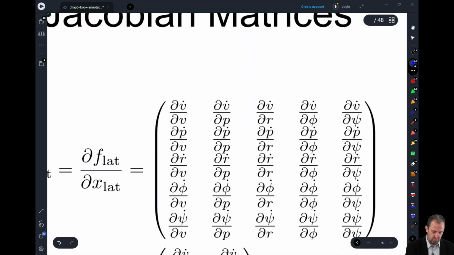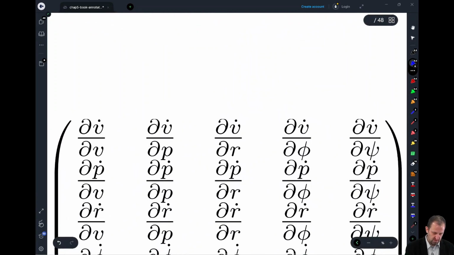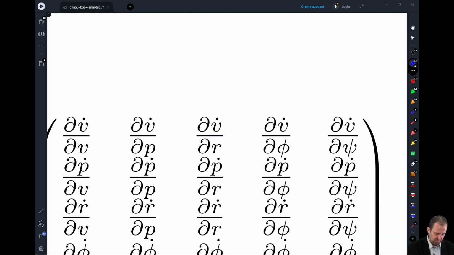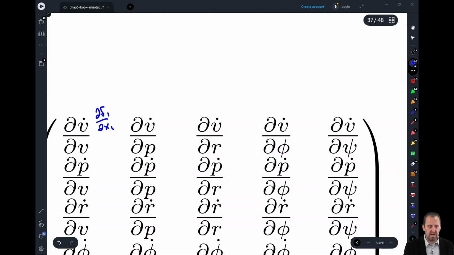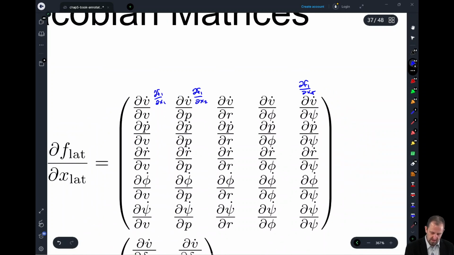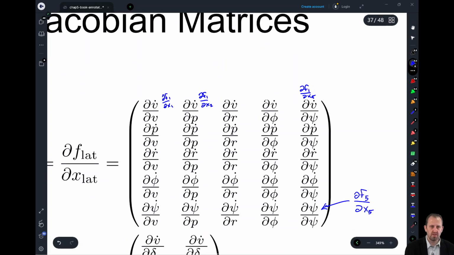And so here we've drawn it up, and you can see that first row is, this would be our df1, dx1, v dot with respect to v, this would be df1, dx2, all the way up to df1, dx5. Okay. And this guy down here would be our df5 with respect to dx5. So that's the same form that we had before.